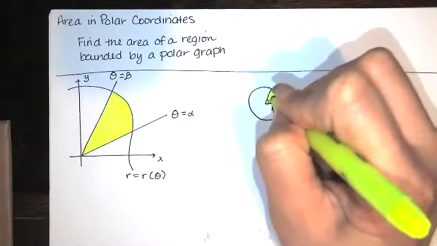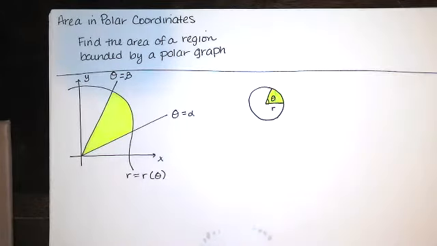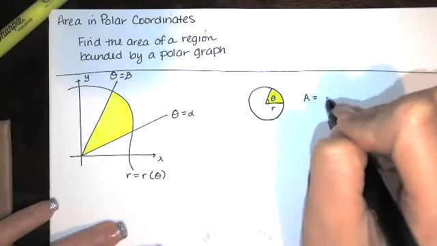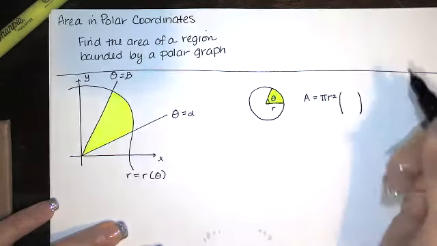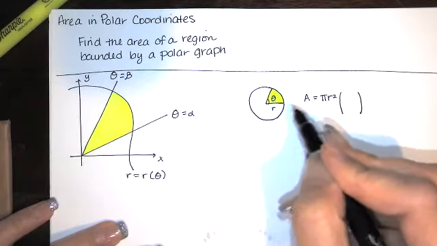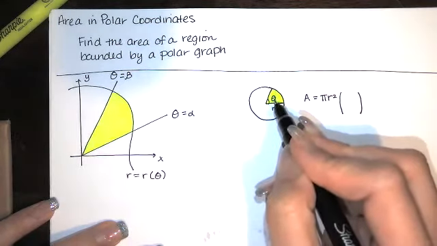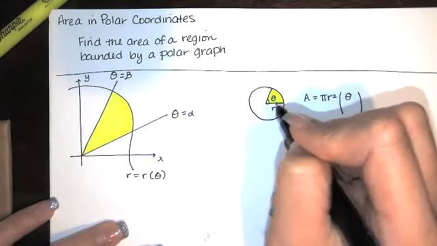That's just going to be a fraction of the total area of that circle. So the total area of the circle, we all know, is pi r squared. And then I just have some fraction of that area. Well, the right fraction comes from taking that angle theta and dividing by the largest possible angle.